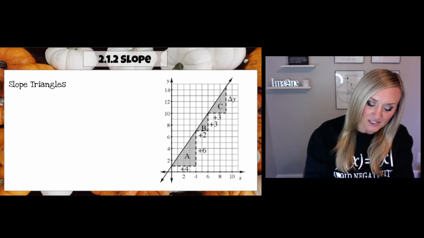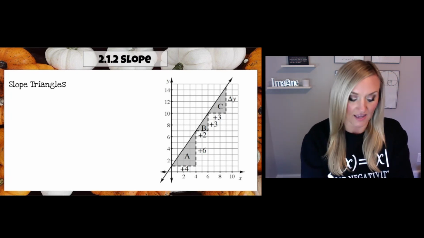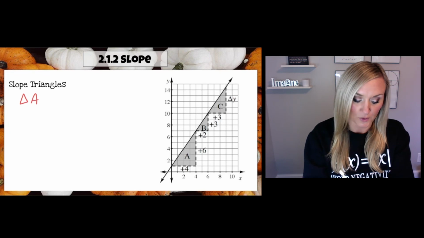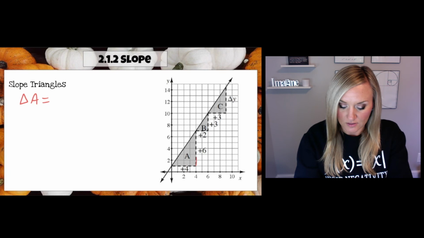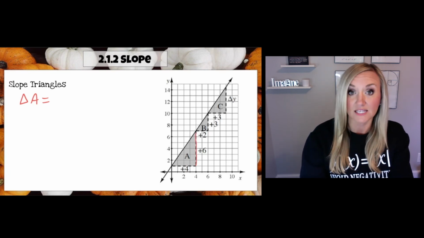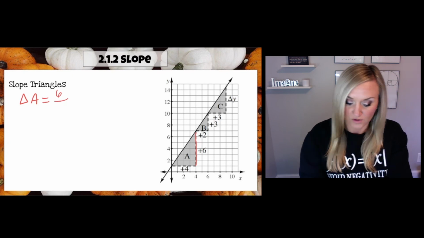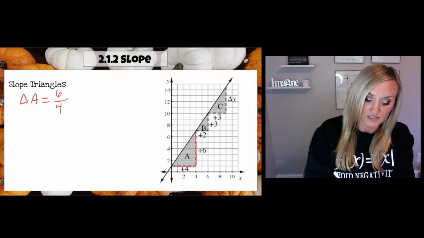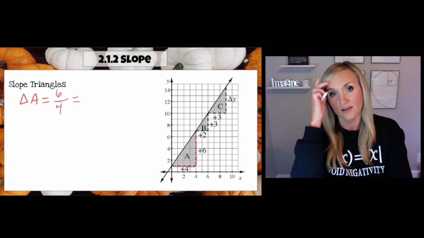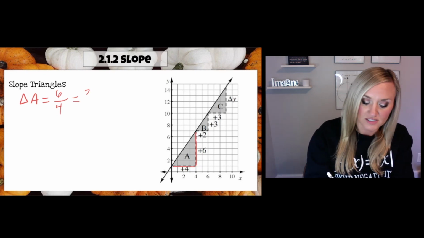So the first thing we're gonna do is let's take a look at A. So triangle A, the rise of triangle A is 1, 2, 3, 4, 5, and 6, and it says plus 6 there, so 6 over, and then going across 1, 2, 3, and 4, and it says plus 4, so it's 6 over 4. Rise over run, we can simplify that fraction to say that it is 3 over 2.